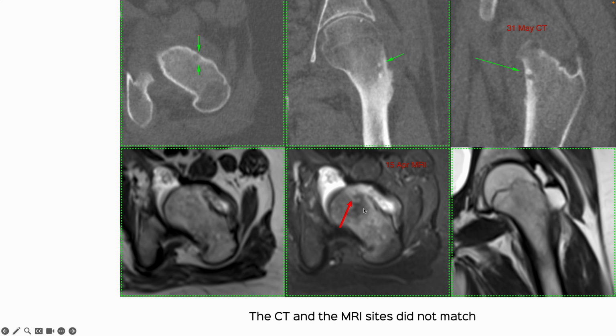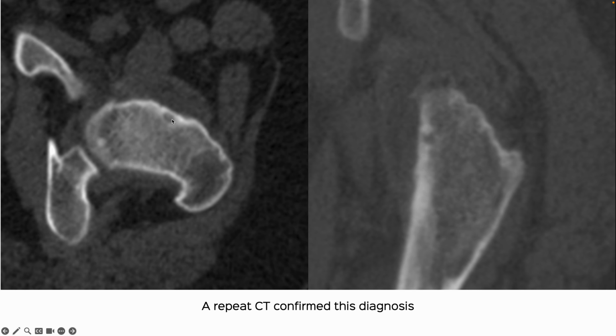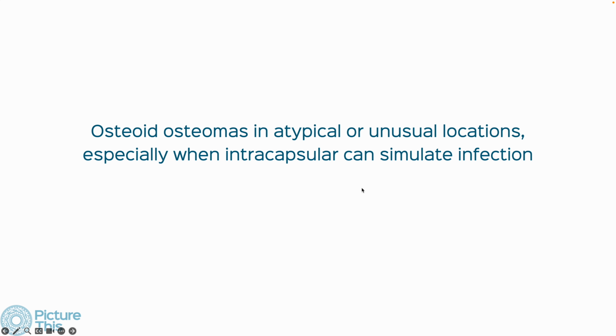But nothing matched. So I went ahead and repeated the MR, did a dynamic contrast, which showed an arterially enhancing lesion, which was T2 dark, and then repeated a CT, which shows this osteolytic lesion with the central ossific area, did an RFA, and this is an intracapsular osteoid osteoma.